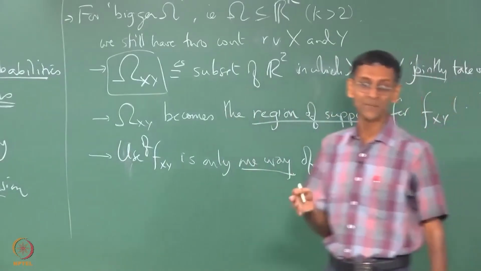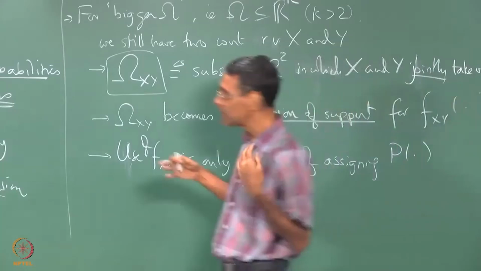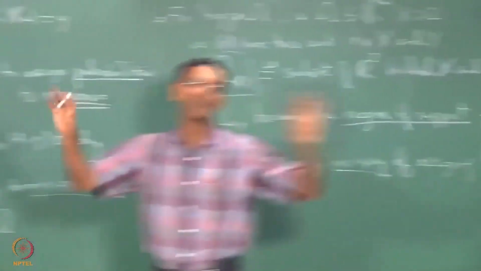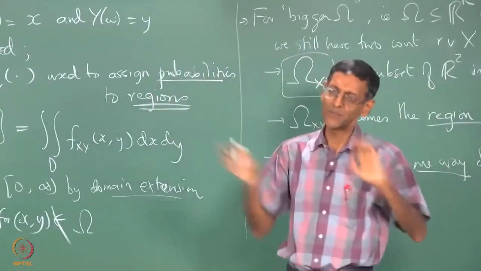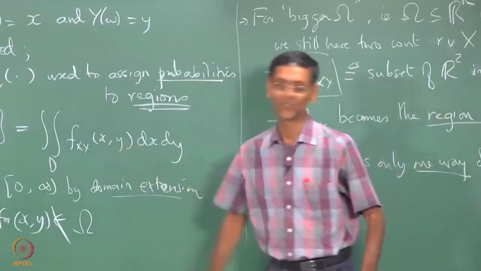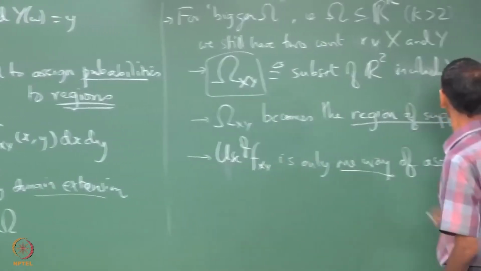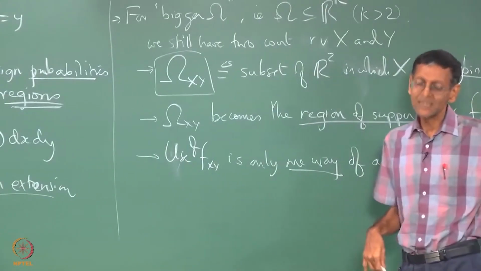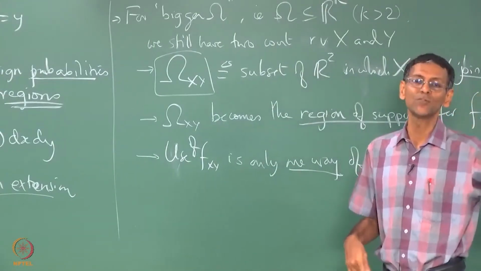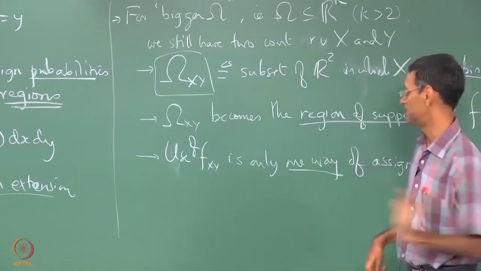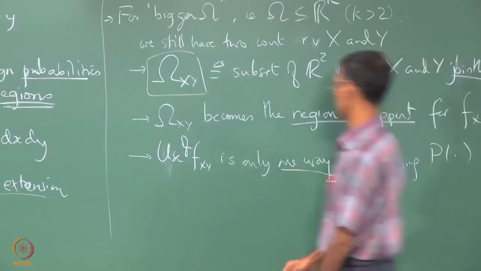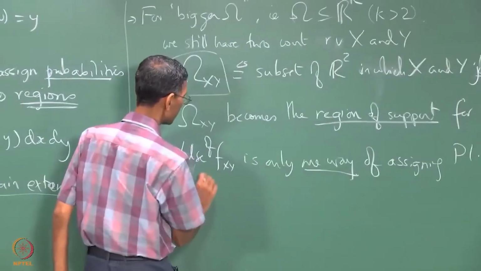Nobody uses the joint CDF after stating it; people come away from that and only look at this. So we can avoid it right from the beginning, but keep it in mind in case somebody asks you for the joint CDF, you should know how to answer. So the most general is the joint CDF.